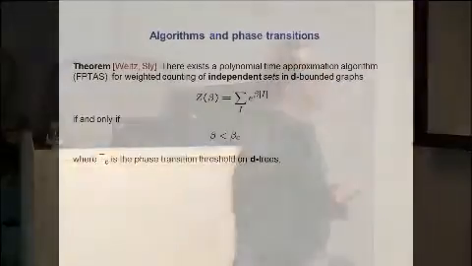Loosely speaking, you're likely to be able to design a fast, polynomial time algorithm if the system does not exhibit a phase transition, and you're likely not to be able to do so if it does. This was largely a belief rather than a hard statement until recently.